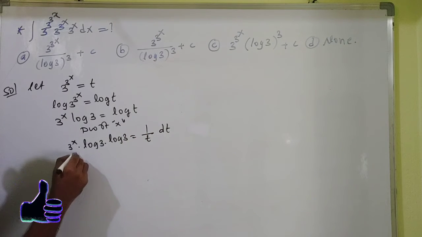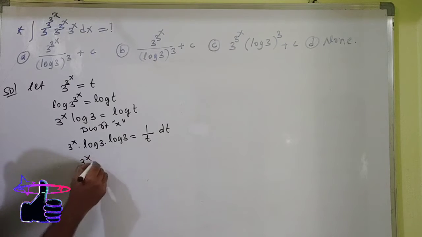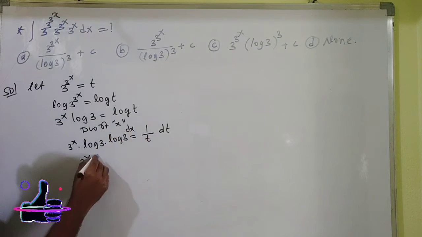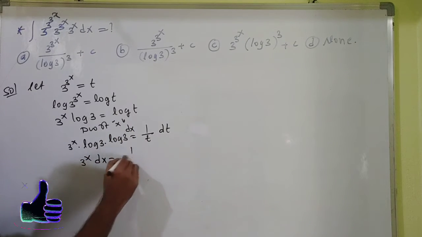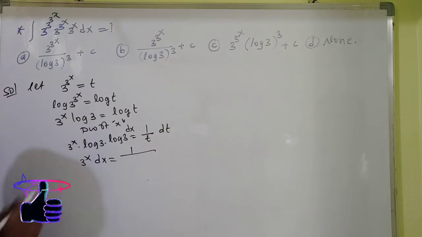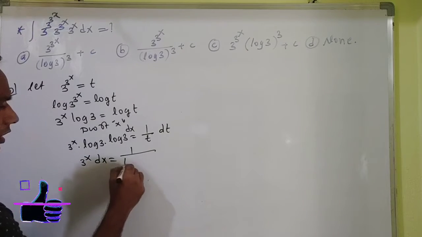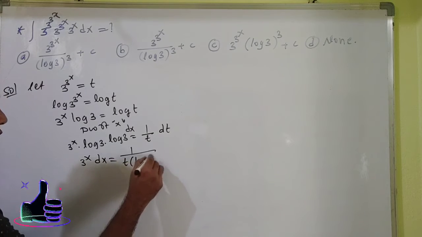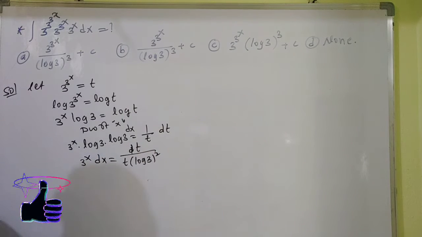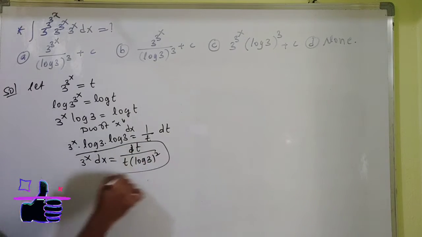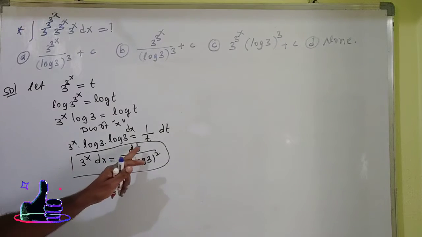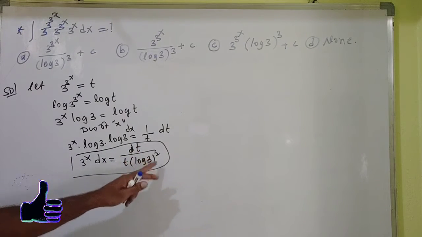Now 3 power x dx is equal to 1 by log 3 times dt by t, that is, 3 power x dx is dt by t into log 3 whole square.